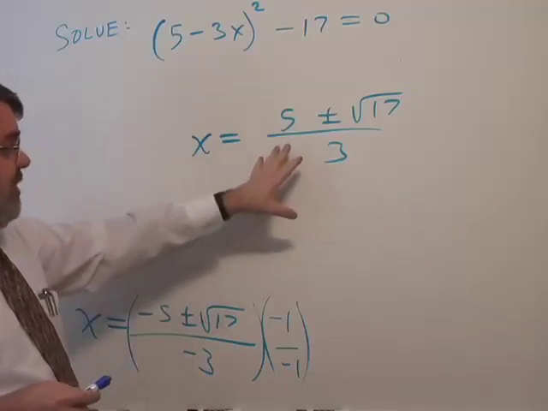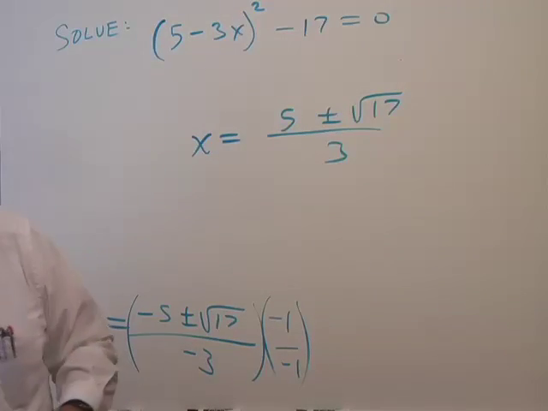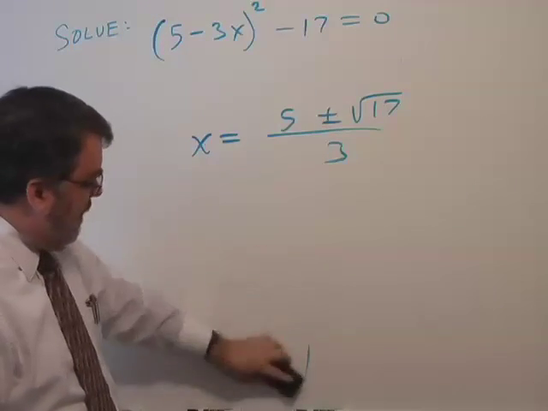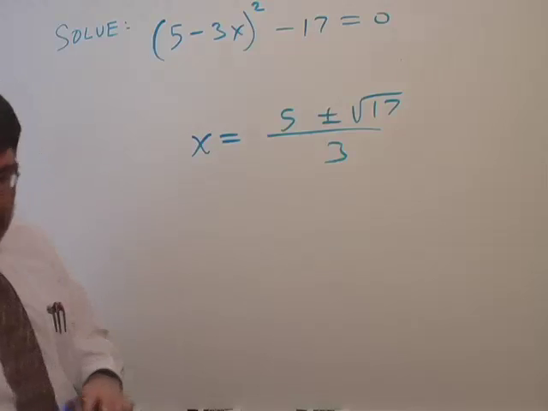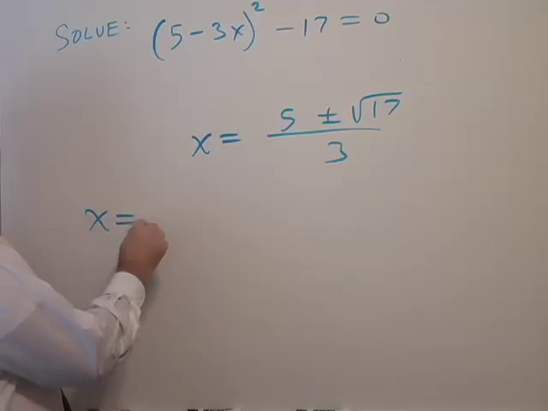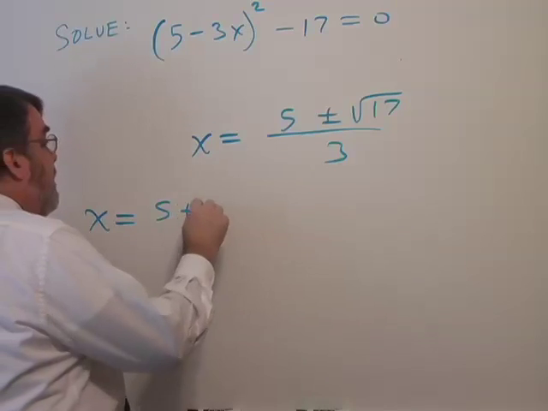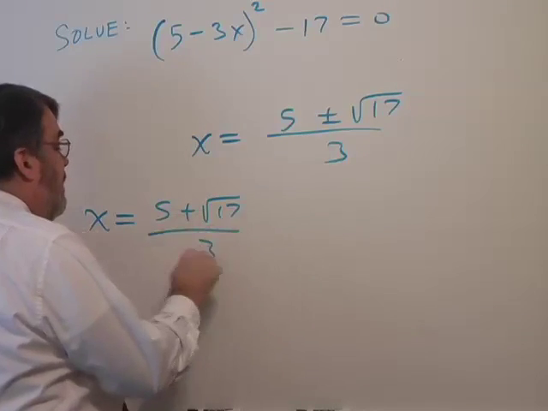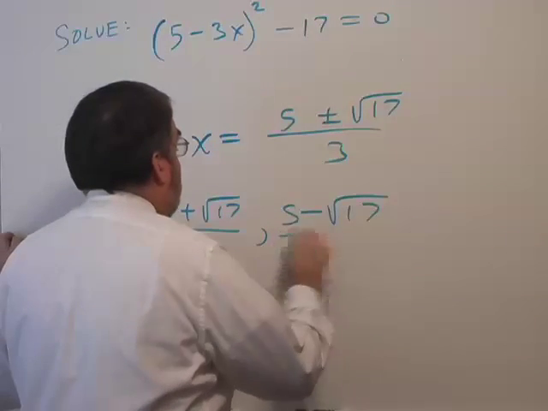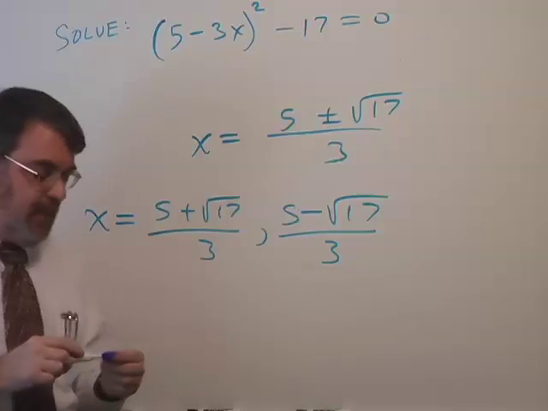Now this is two different answers, and it's usually okay to leave it like this. But I want to stress the fact that we have two different numbers here. And so x would be either 5 plus the square root of 17 over 3, or 5 minus the square root of 17 over 3.